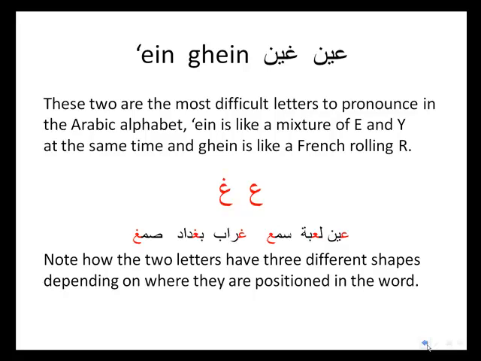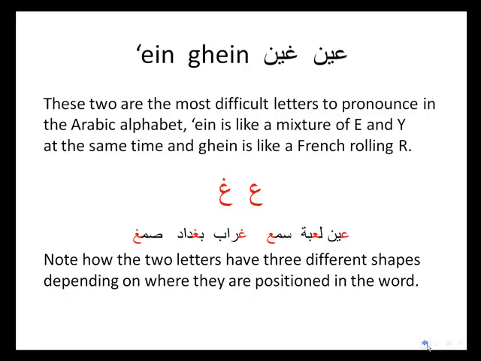Both of them are a bit difficult to pronounce. Ain is like a mixture of E and Y at the same time, almost trying to strangle yourself. Ghain is like a French rolling R, or the R that you can hear in the south of Sweden.